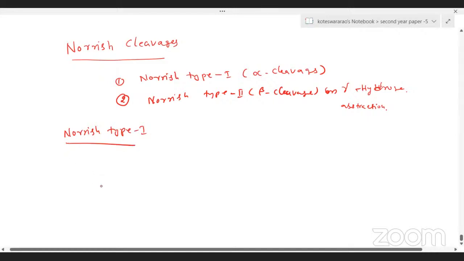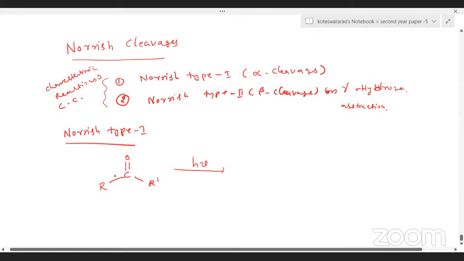In this Norrish type 1, suppose you take a carbonyl compound, because these are the characteristic reactions of carbonyl compounds. For that reason, the starting materials are carbonyl compounds. Suppose R, R prime. When only a single molecule is irradiated with light, you don't need to add another reactant.